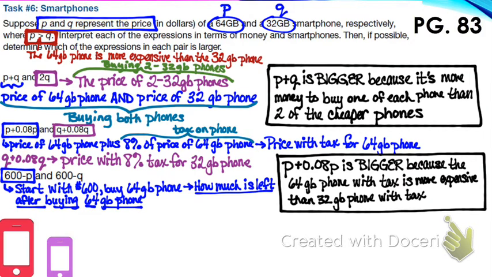Okay, if that's what the first expression means, then 600 minus Q would mean what? What'd you say, Jason? Yep. So what does the whole expression tell me then? So each individual piece says I start with 600 and then I go buy the 32 gigabyte phone. So after I do that subtraction, what does it tell me about the situation?